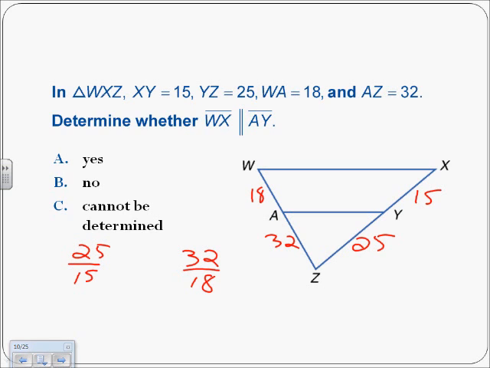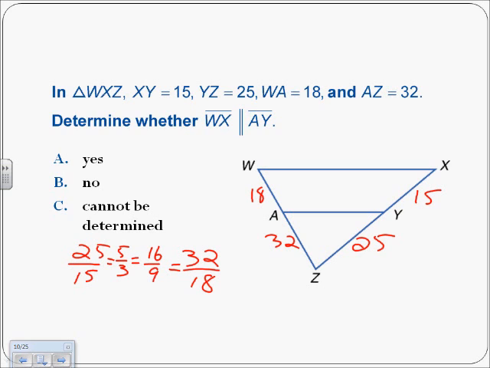Simplifying here, this left ratio will simply be 5/3, taking 5 out of both top and bottom. The right proportion, if we take out a 2, we end up with 16/9.